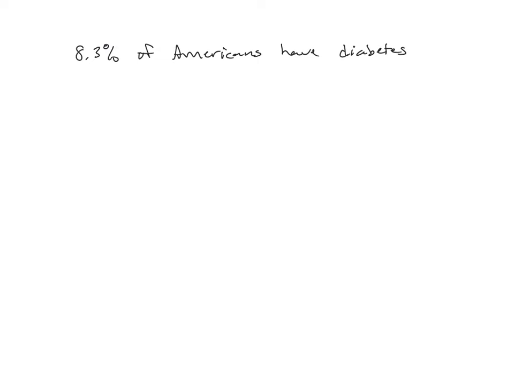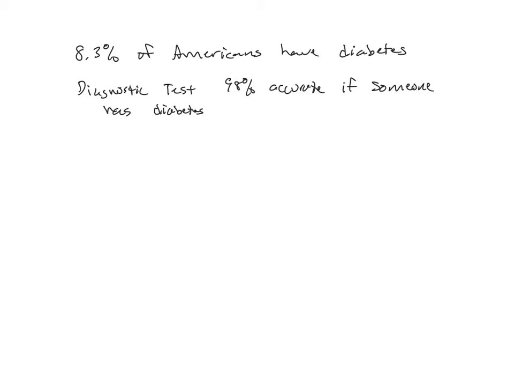And so a lab creates a diagnostic test that is 98% accurate if someone has diabetes, and 95% accurate if they don't.